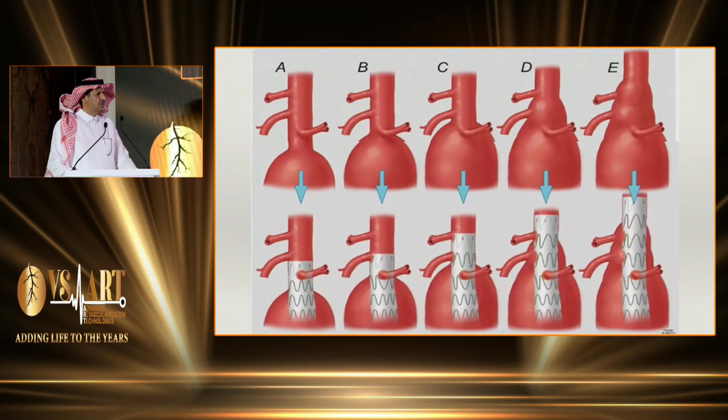The same issue is in endovascular. We use either standard EVAR infrarenal or chimney, or we can use fenestrated or branched graft for suprarenal arteries.